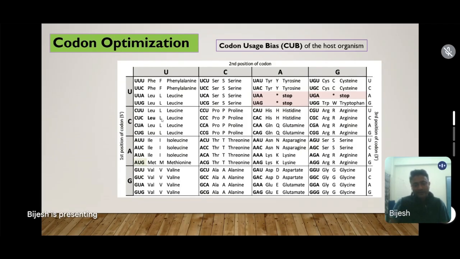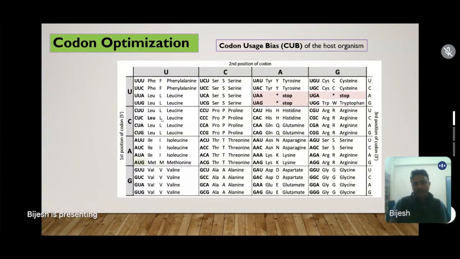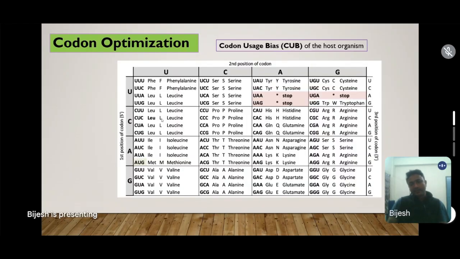So if you take the sequence as such from human and put it in yeast, the protein won't express so well, because yeast doesn't have that much preference for that codon, but humans do. So the first thing we have to do is take the sequence and put it in one of the many softwares available online for codon optimization, and paste it there, giving your preferred organism. It will automatically change the sequence according to the codon preference. That is the first step we are also doing here.